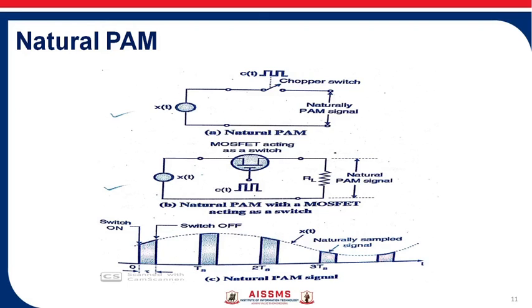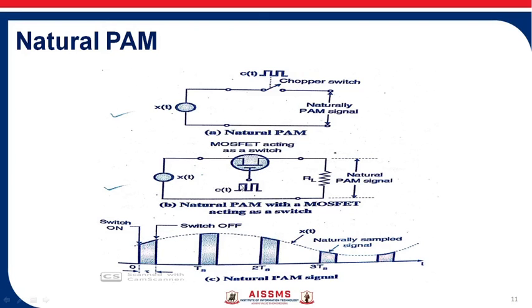In this circuit diagram, you can see the xt signal which is applied, that is the continuous time signal, and one switch is used, that is the chopper switch. A MOSFET acts as the switch, and to the gate terminal of the MOSFET a train of pulses ct is applied. So this MOSFET is acting as a switch.